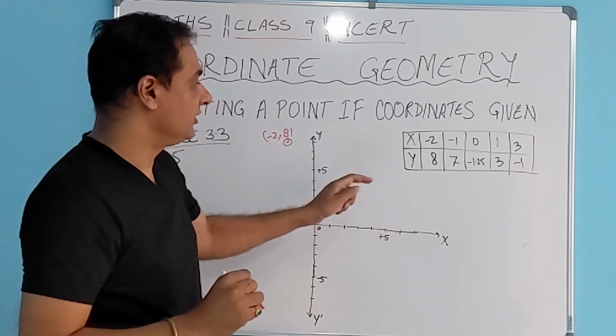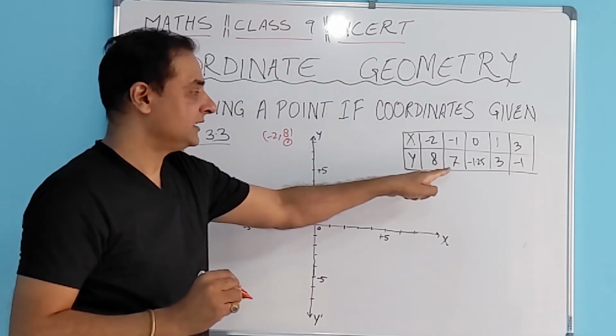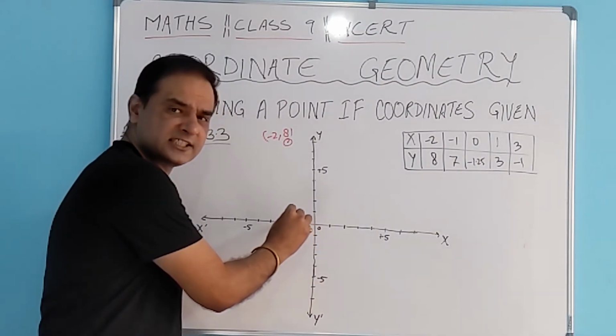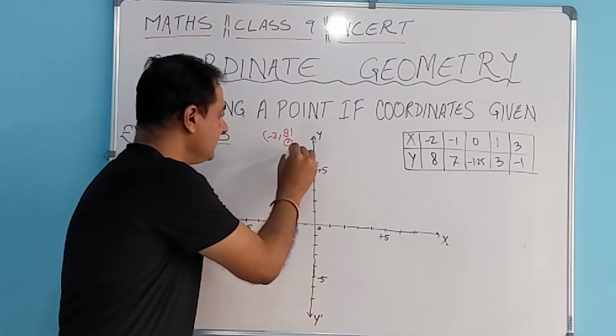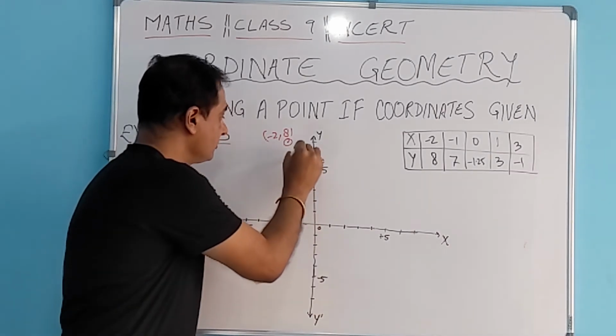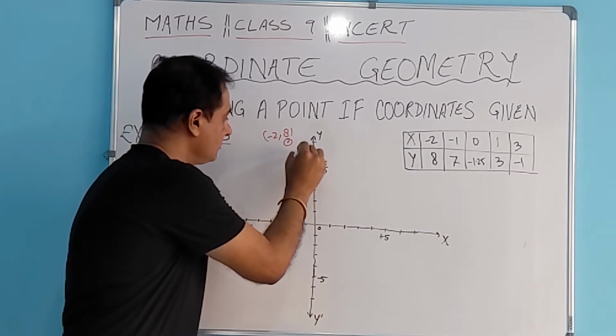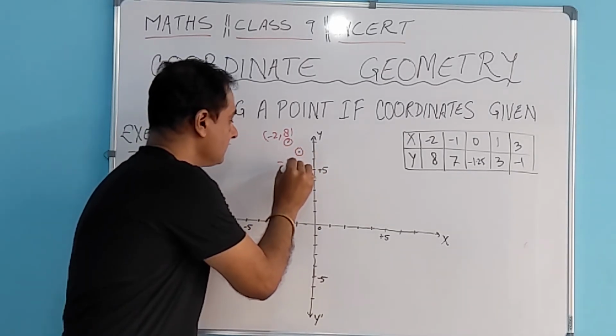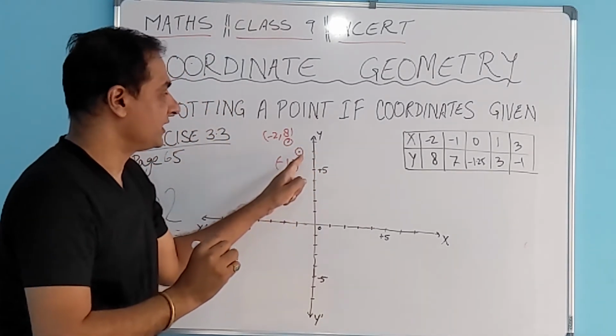All right. We look at next point, -1 and 7. -1 and 7. So we go again here, and it's -1 and 7. This is the point.